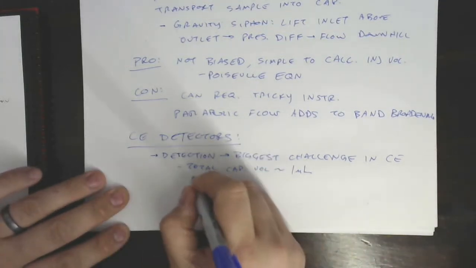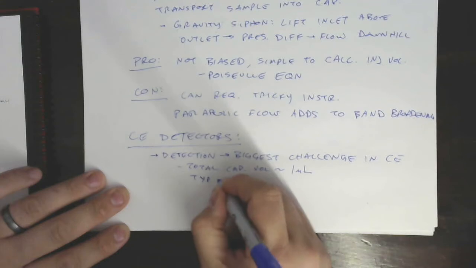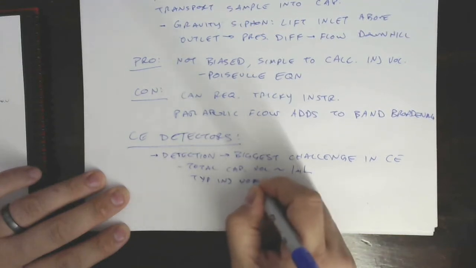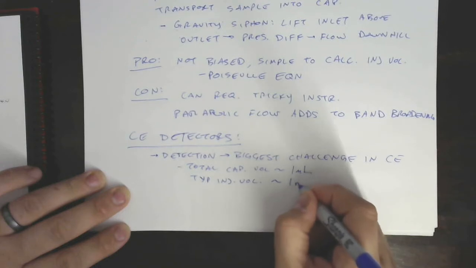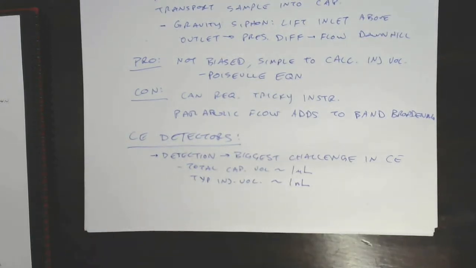That means that our typical injected volume is on the order of 1 nanoliter, 1/1000th of that. It can be 10 nanoliters, it can be up to 100 nanoliters, but this is a pretty typical value. So what does that mean?